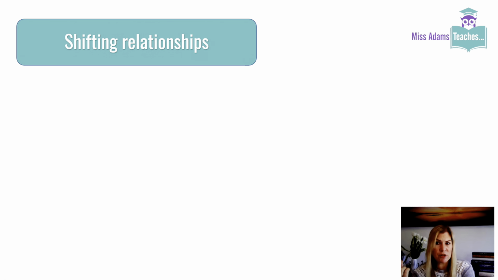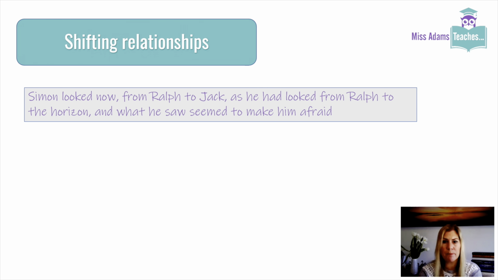Ralph and the relationships that he forms are really, really important as well. Initially, there is this shy liking between Ralph and Jack. But in chapter 4, after they've missed the opportunity to signal the ship, there is definitely a split. This is like the pivotal moment, chapter 4, and Simon notes it. So Simon looked now from Ralph to Jack as he had looked from Ralph to the horizon.